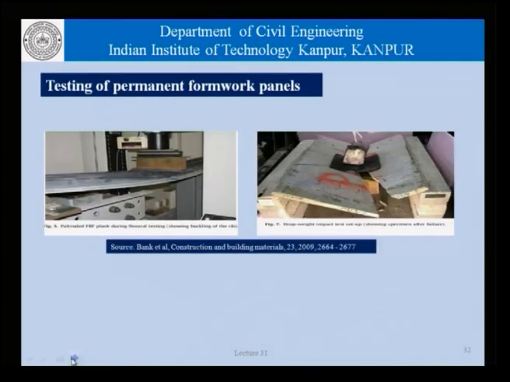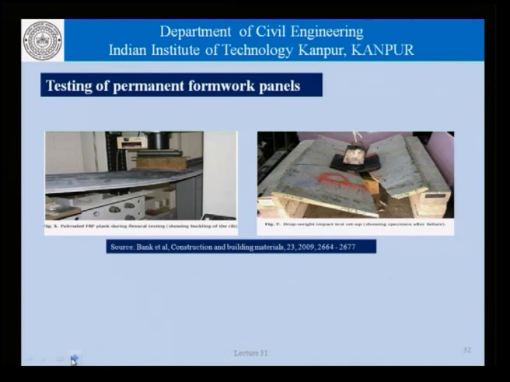Indeed, when we are trying to work in terms of permanent formwork panels, there have to be tests in order to ensure that those panels can indeed take the kind of load that will act on them during construction and during the early stages when the concrete has not developed full strength.